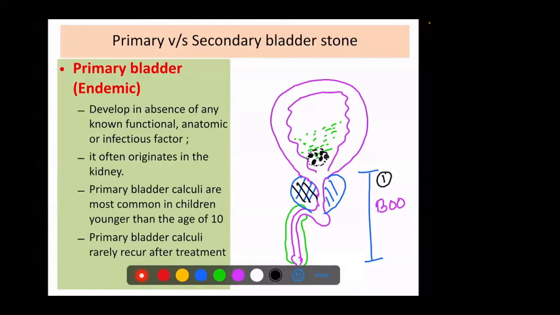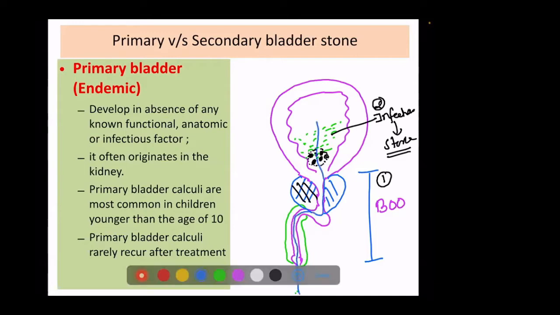If there is any infection, UTI, infection can cause stone. Some bacteria can increase the pH more than 7.2, like Proteus, and that leads to struvite stone. Some bacteria can make the urine more acidic, less than 5.5, such that uric acid stone and cystine stone are common. Or if there is a foreign body, the most common foreign body in the bladder is a catheter.